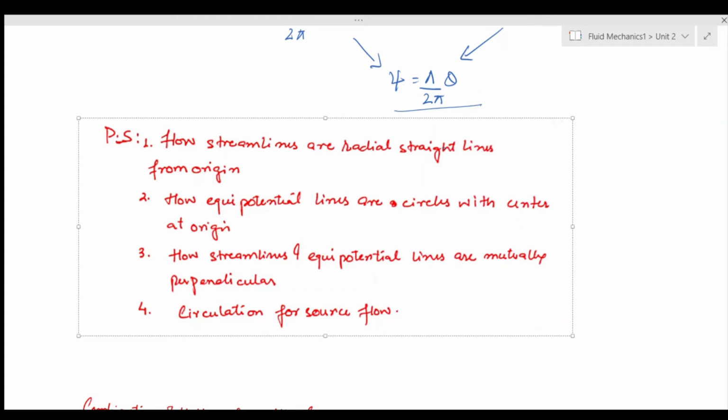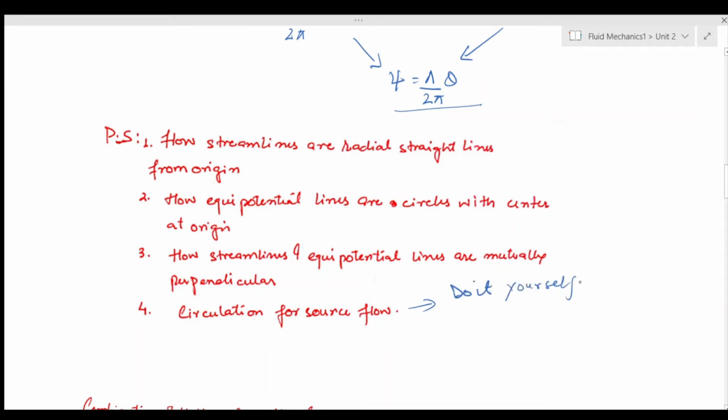And finally, this is something you would have to do: find the circulation for source flow or sink flow. Now, once we had uniform flow, we found its circulation by taking a rectangular closed curve, and that's how we found the circulation there.